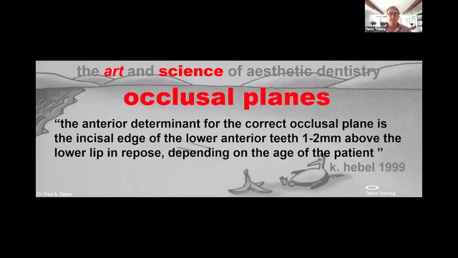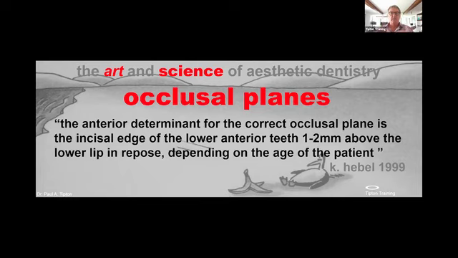And our anterior reference point, as we know, is the lips at rest when the patient goes and we look and see how much tooth tissue there is there. And we now try and work out for the patient's age, in this case 35, how much tooth tissue should be on display. And that's roughly going to be about probably 3/4 to 1 millimeter.